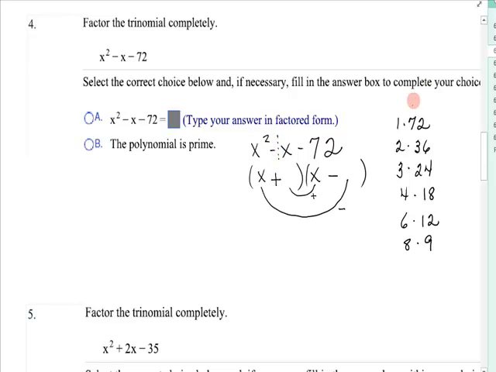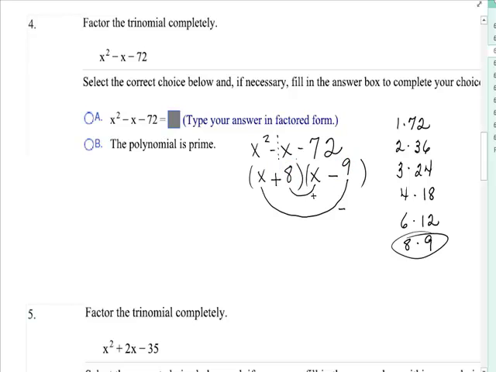So you're looking for factors that multiply together to give you 72. Which pair has a difference of 1? The answer is 8 and 9. Does it matter where you put them? Yes. Not only does the difference need to be 1, the sign needs to be negative. That means the big factor needs to go in the negative slot, 9 and 8.